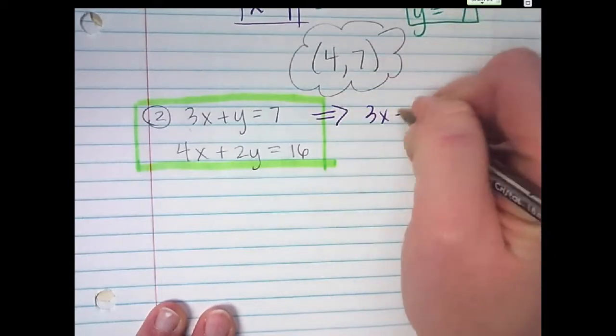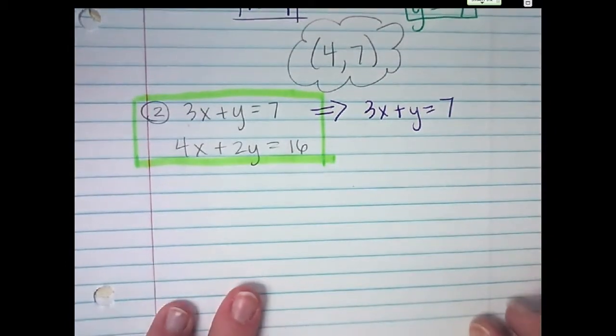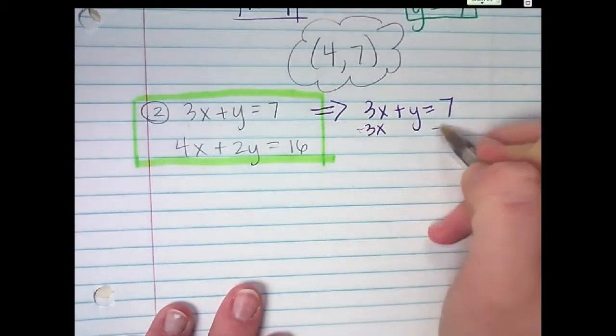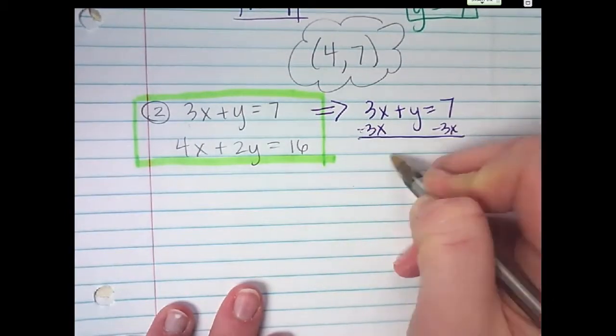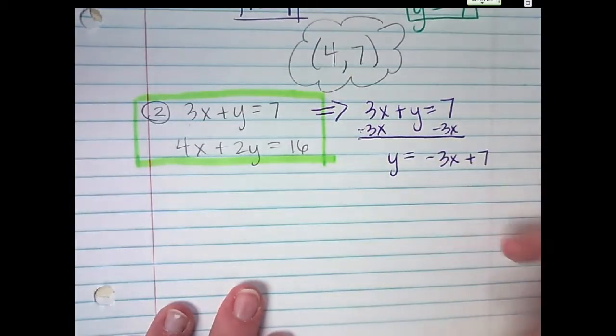So 3x plus y equals 7. How do I solve for y? Minus the 3x. So y equals negative 3x plus 7.